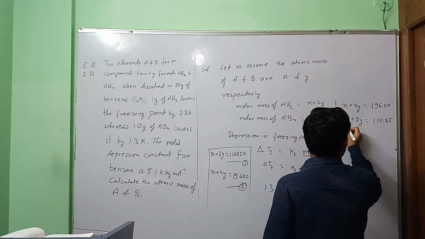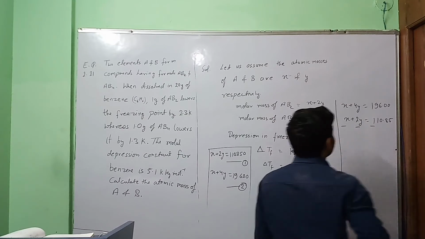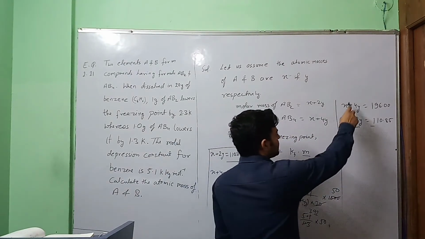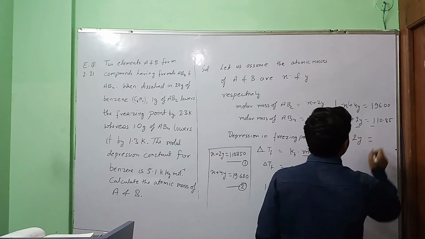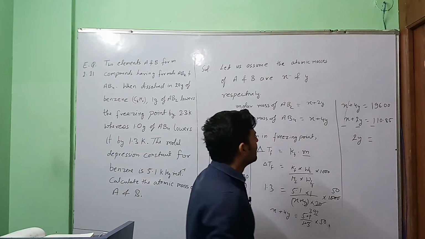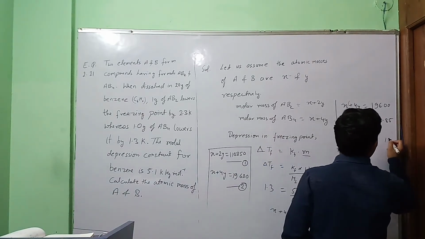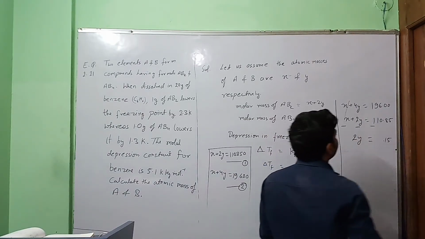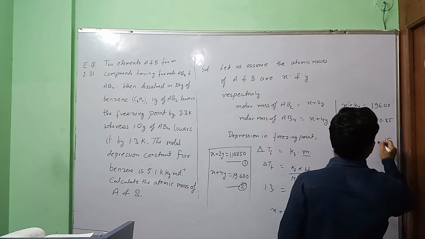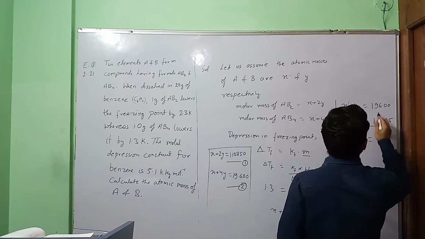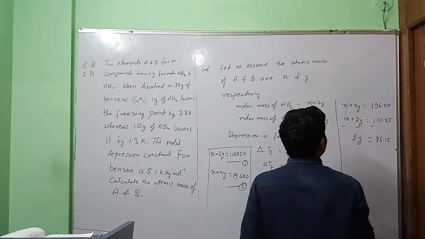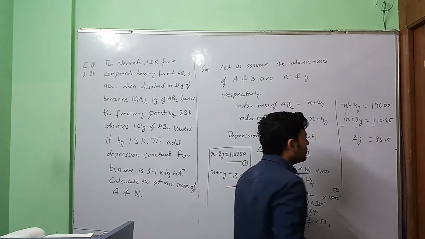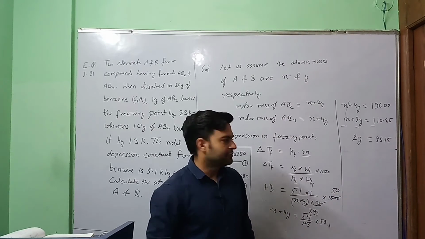Now if I subtract this, X will be cancelled, and here I will get 2Y equal to 85.15.